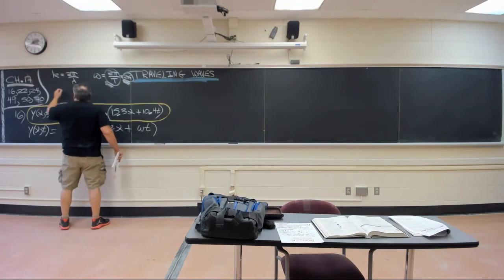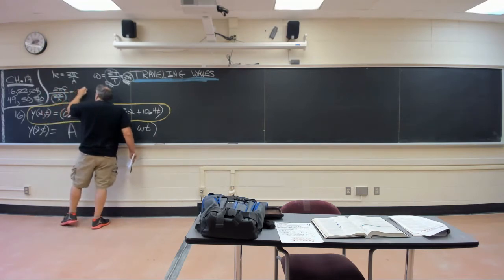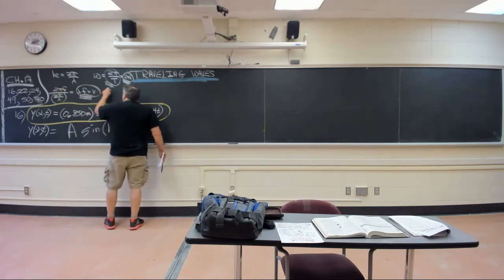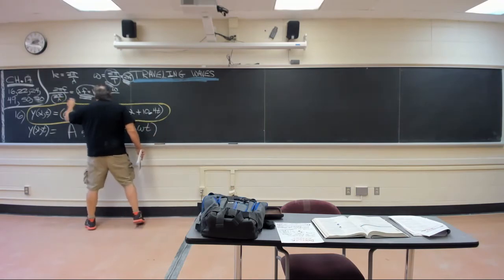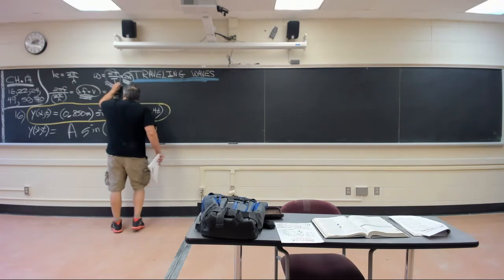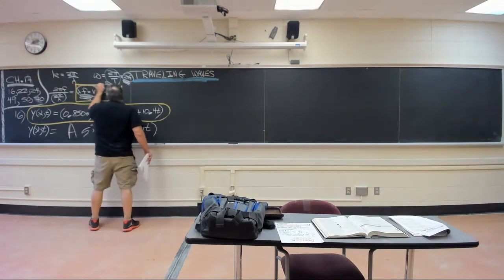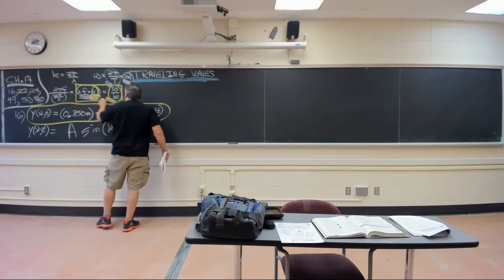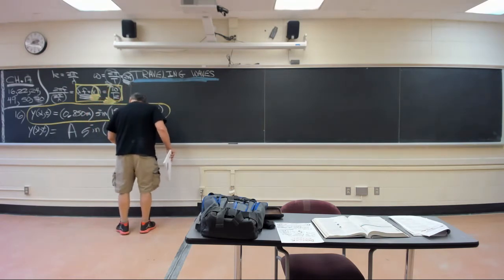If you take omega, which is 2 pi f, and divide it by 2 pi over lambda, you'll get lambda times f, which is equal to the speed of the wave. Well, wait a minute. That right there is omega. This right here is k. And what you've got is v equal to omega over k.